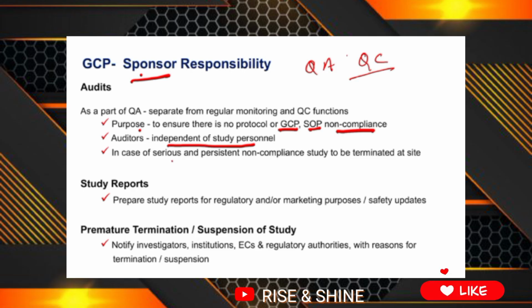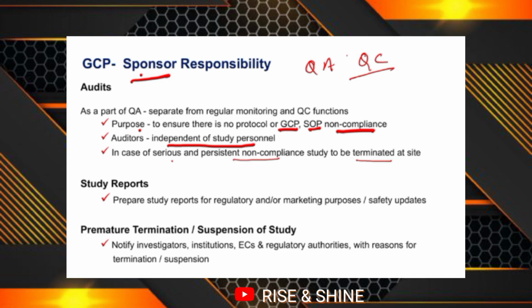In case of serious and persistent non-compliance, the study can be terminated also. A site can also be terminated, the study can also be terminated. So this helps the sponsor to save themselves.